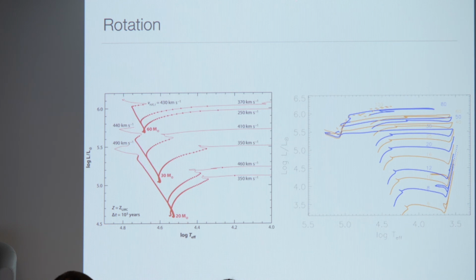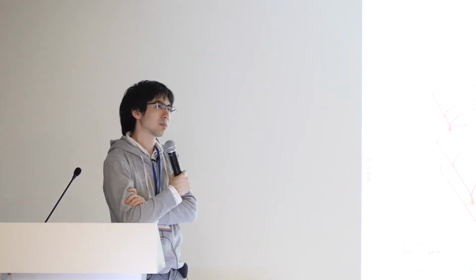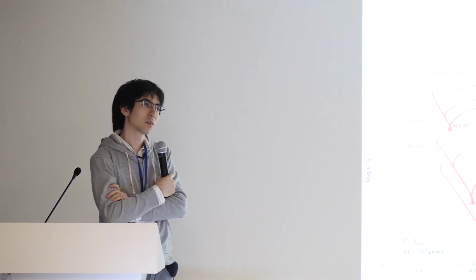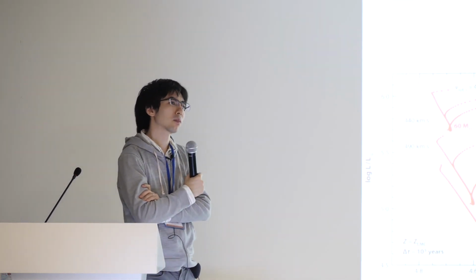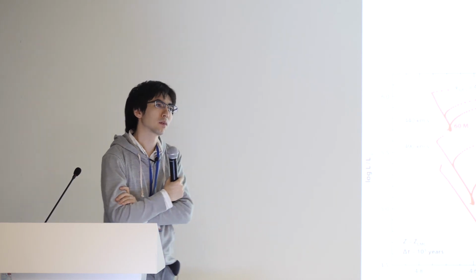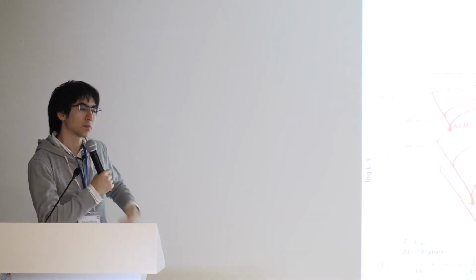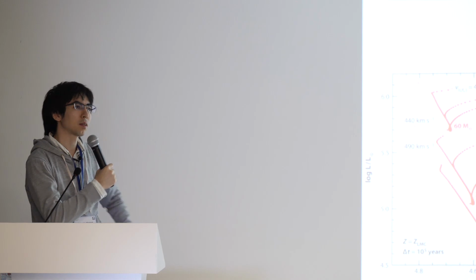But let's think. During the evolution, we know that the density must always increase. And increasing density means increasing Keplerian velocity, if you consider the body rotation.